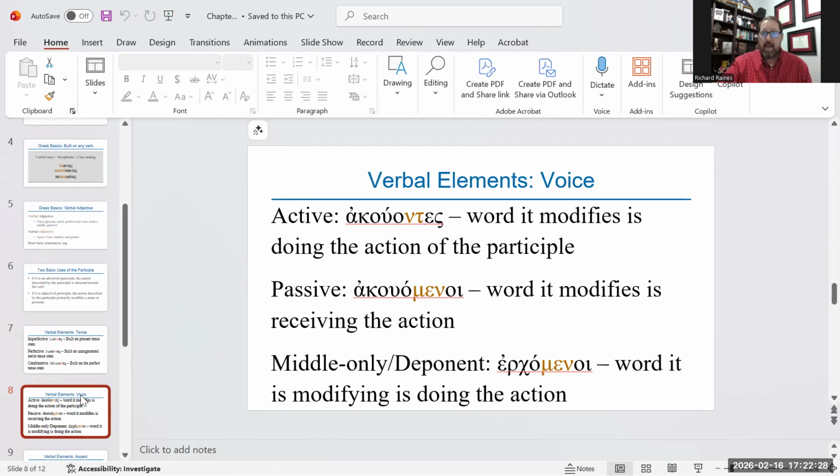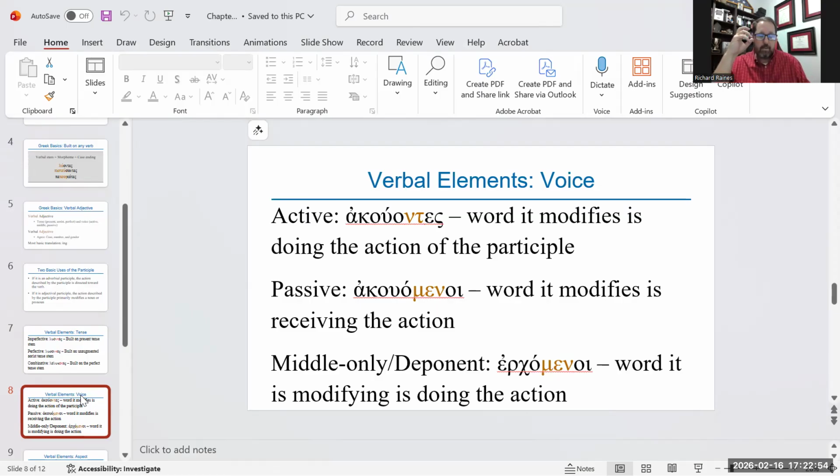You can see here that in the active, the word that the participle modifies, so the participle will be eating, drinking, studying, talking, walking, the word it modifies is doing the action. I am eating, right? When it's passive, the word it modifies is receiving the action.